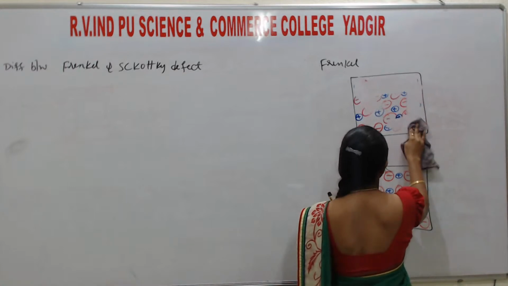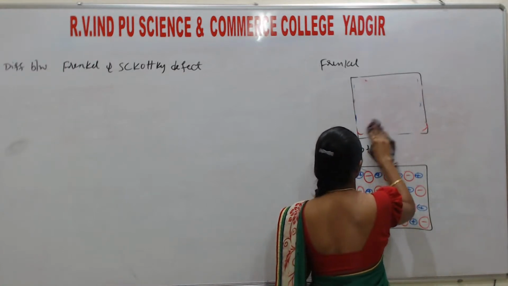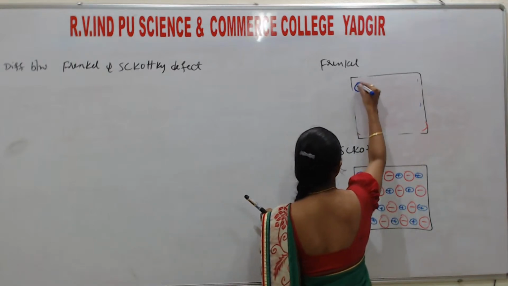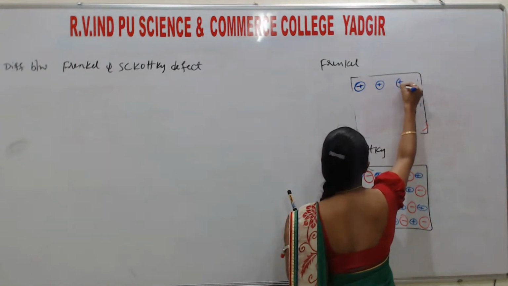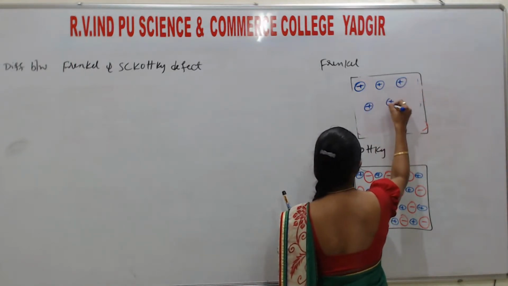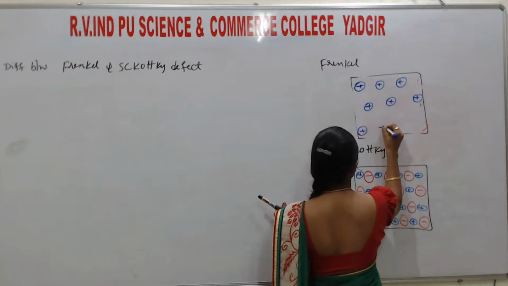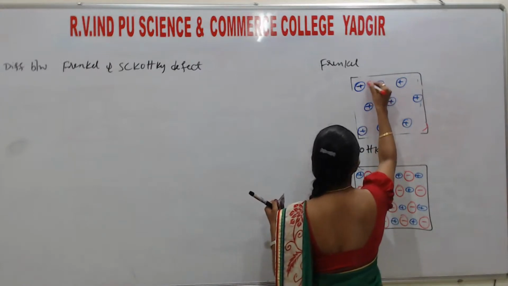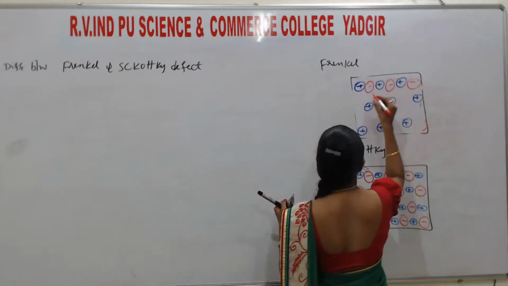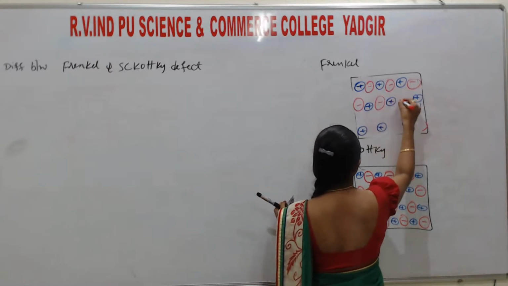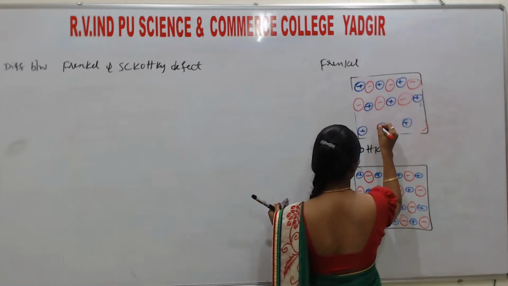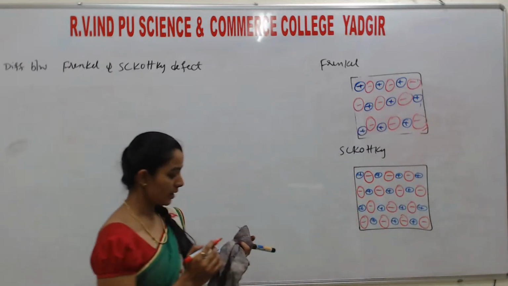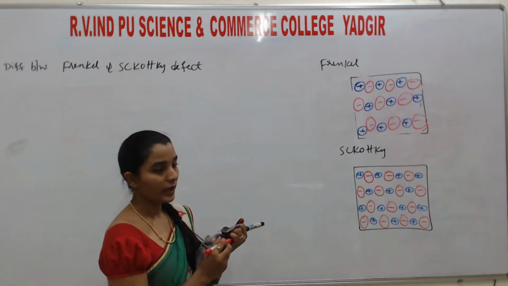Write it here, so you don't get confused. This is the equal number of cations and equal number of anions.